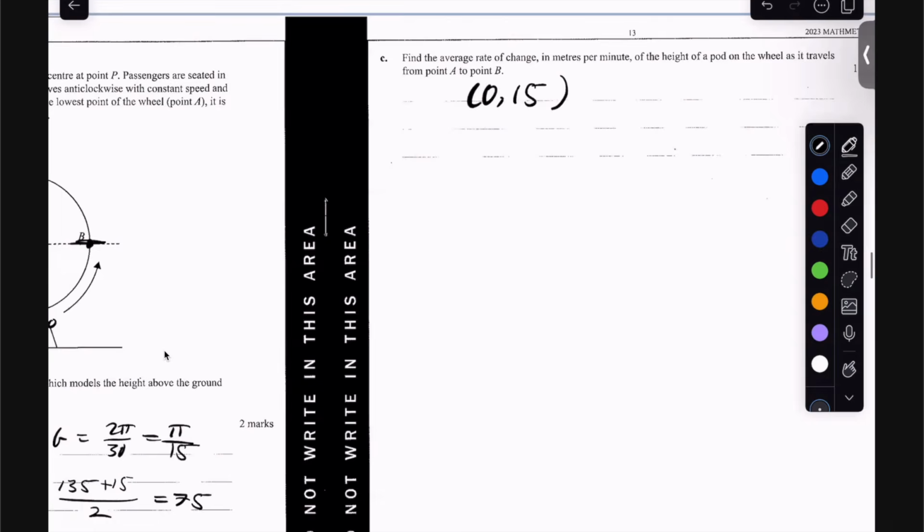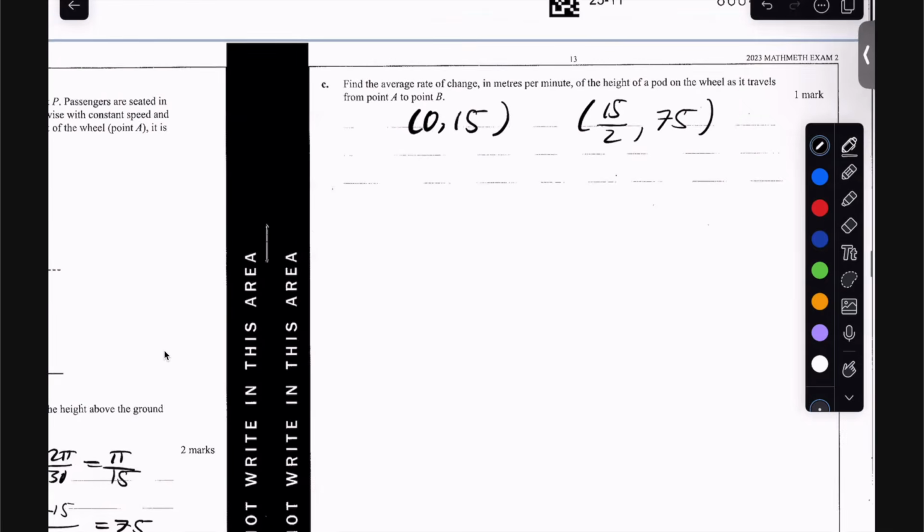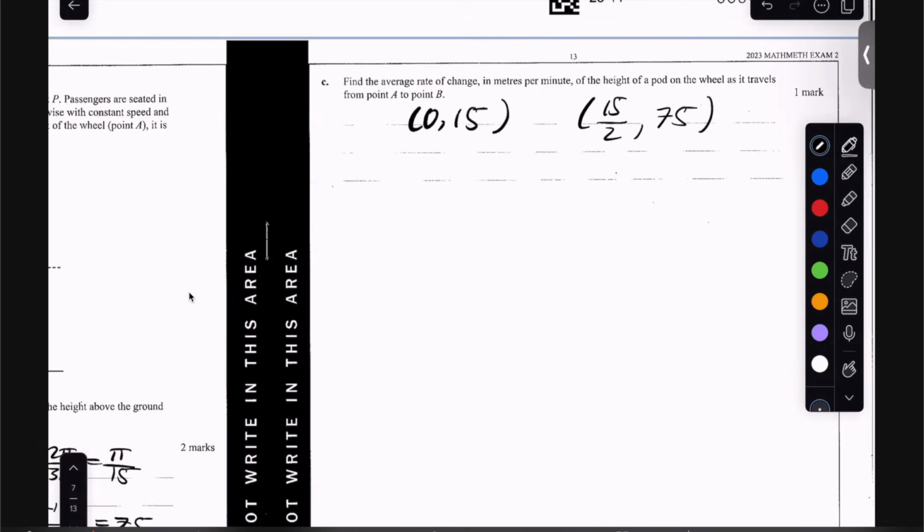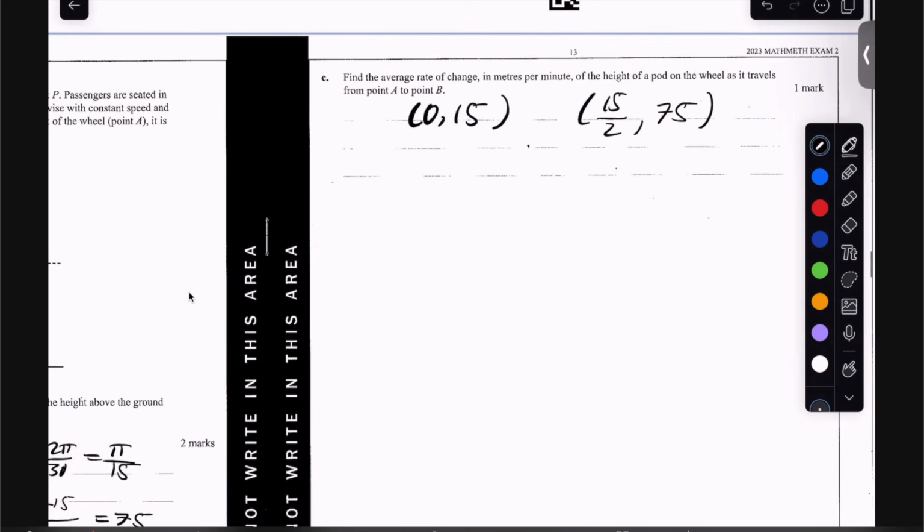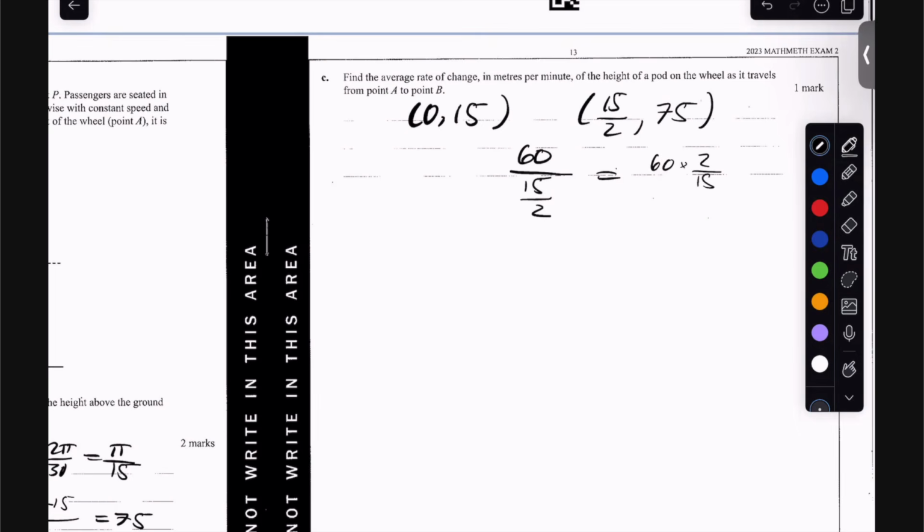So that's going to be 15 on 2, 75. The average rate of change is just going to be 75 minus 15, which is 60, over 15 on 2, which is 60 times 2 on 15, which is 15 times 4 is 60, and that's just 8 meters per minute.